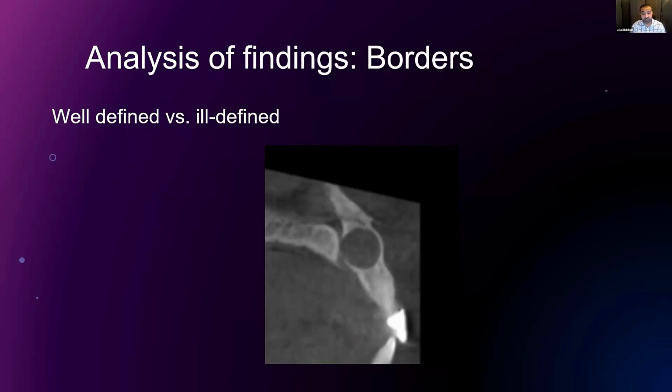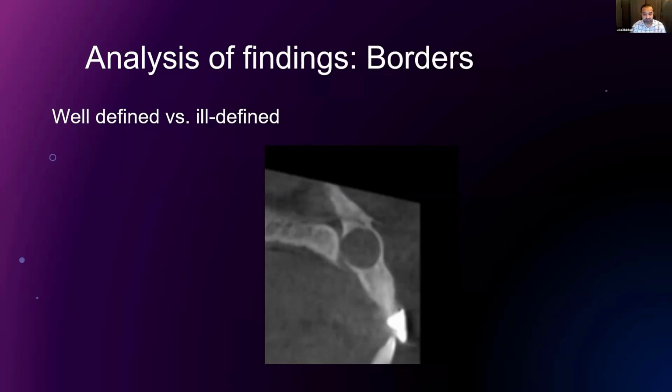which we will come across later in the presentation. On the other hand, when we think of an ill-defined border, we can't really see it, it can't be easily traced, or it kind of blends in with the adjacent structures, therefore making it difficult to localize where it starts or even ends. Some examples of pathologies that can show ill-defined borders are certain inflammatory processes or even malignant conditions.